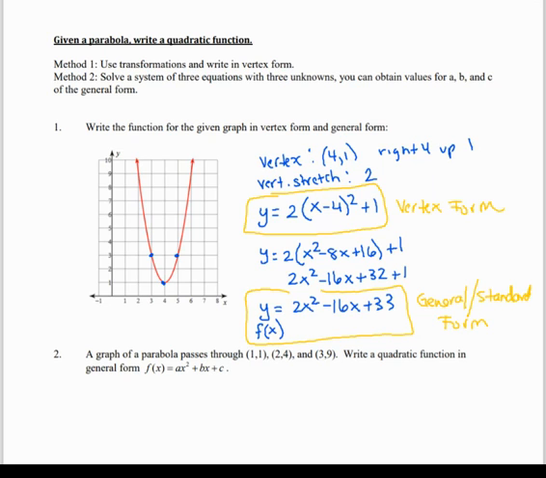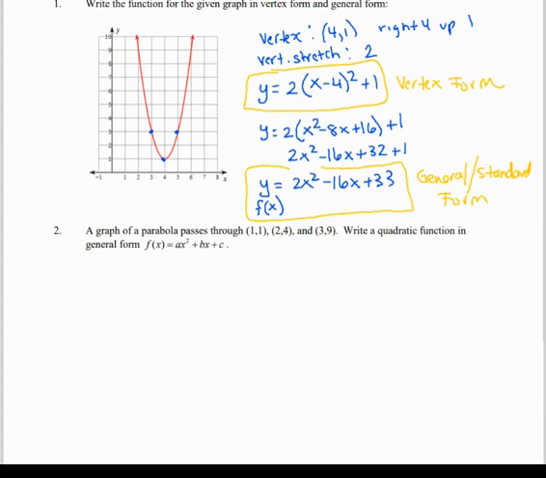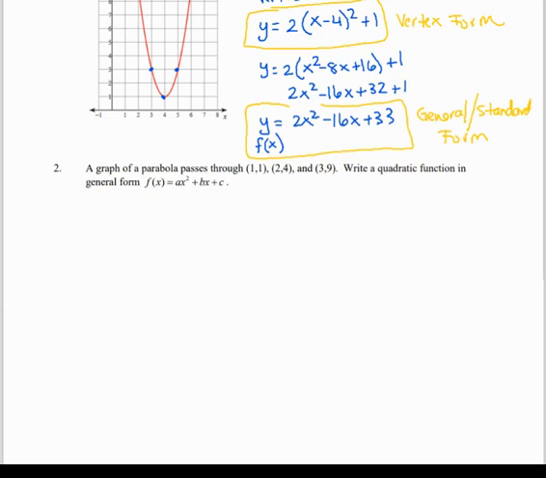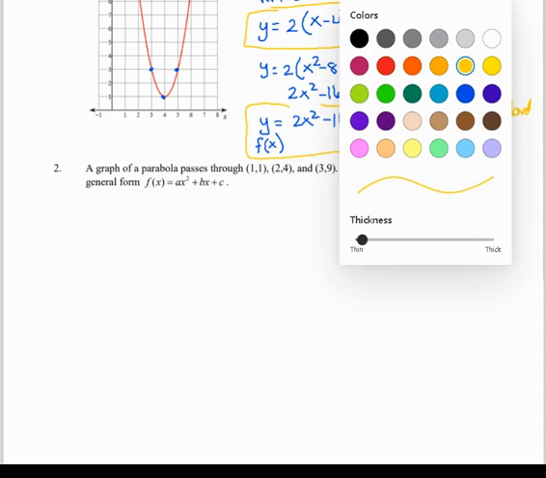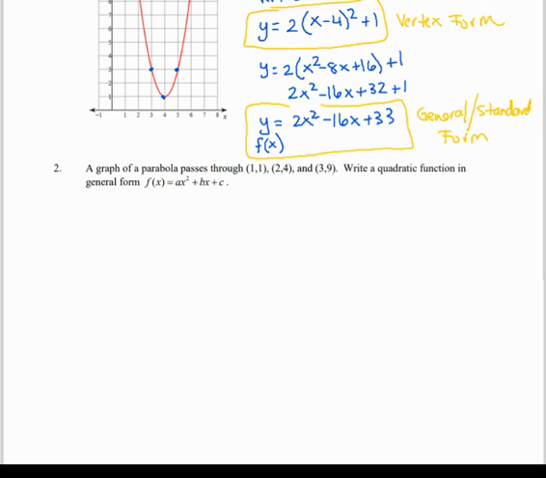All right, and our last problem is when we don't have a graph. And specifically, we don't have the vertex. All I have are points that it passes through. Well, to do this one, we want to start with general form. And remember, for general form, it is that y equals ax squared plus bx plus c.